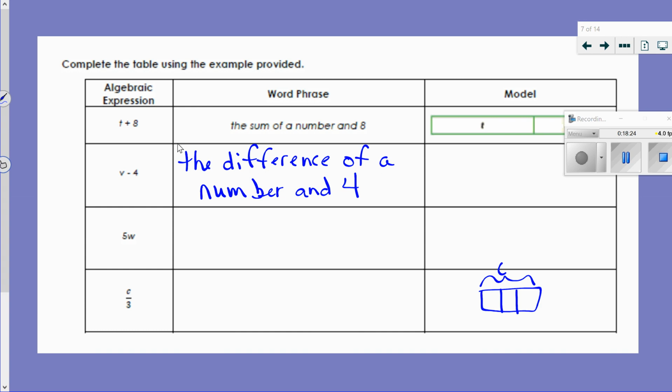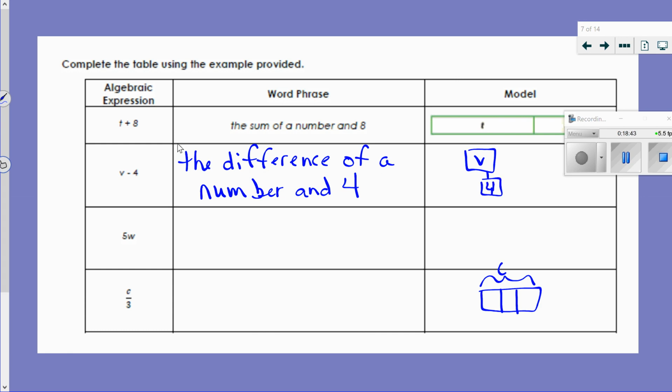If you use the phrase less than, it needs to be 4 less than a number. Okay? Can't say V less than 4. That would not be correct. Our model, subtraction models are very simple. I have my variable on the top. I'm taking 4 away from it.